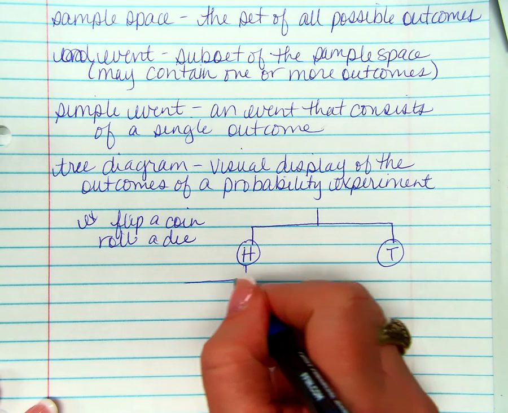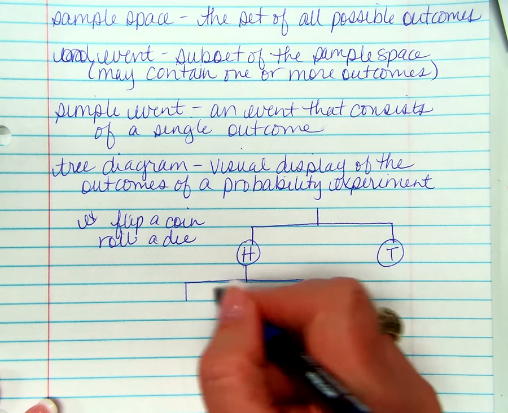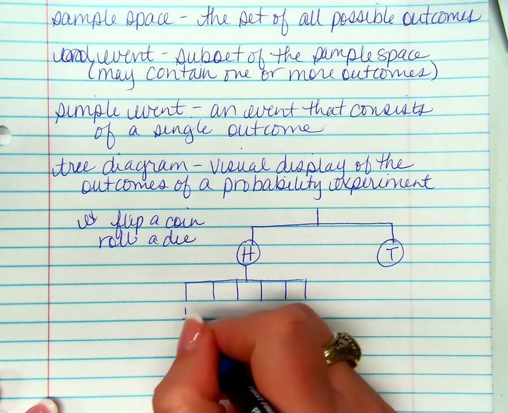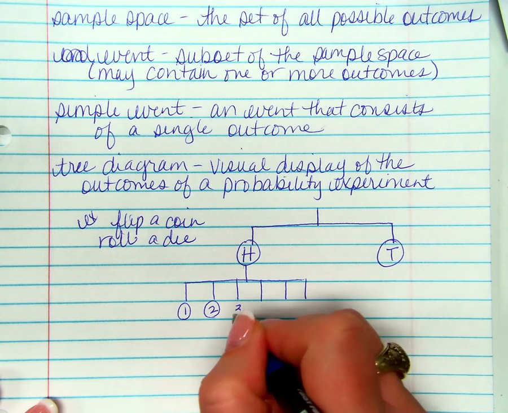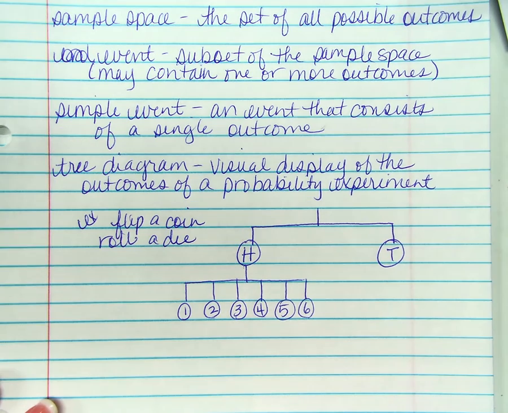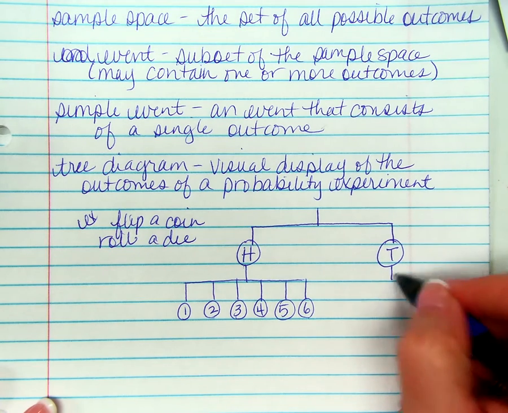So I could have rolled a head when I flipped my coin. So I have 6 possibilities from there, which is a 1, a 2, a 3, a 4, a 5, and a 6. Or I could have flipped a tail when I flipped my coin.